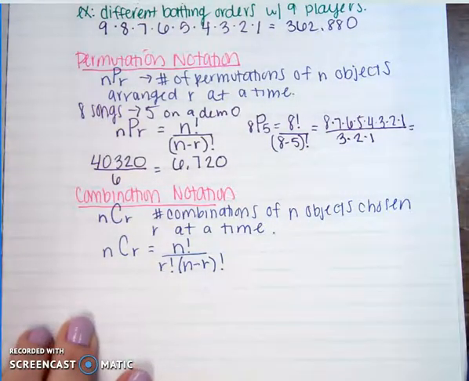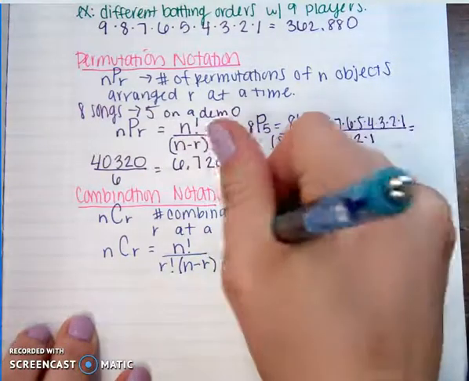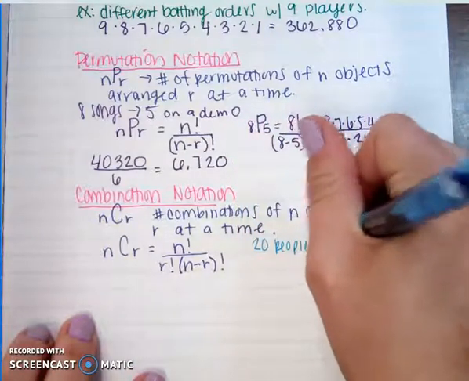So we have an example, let's say 20 people report for jury duty.